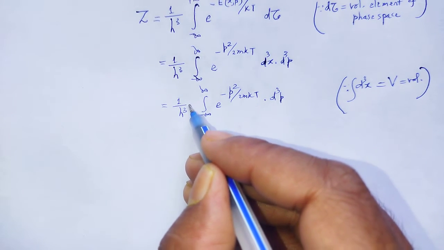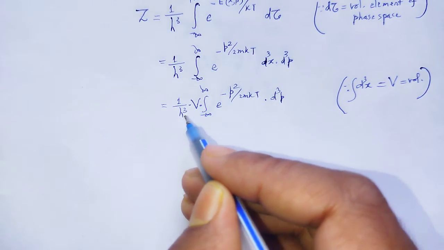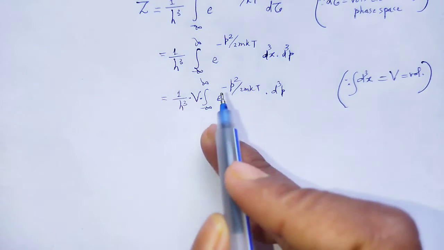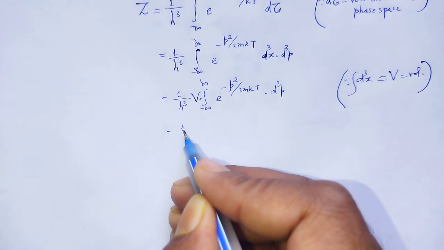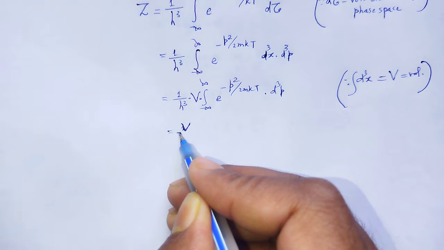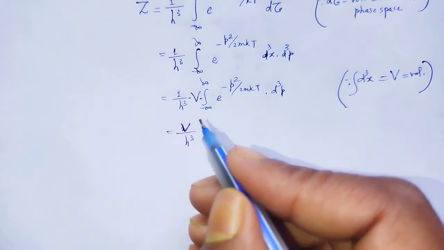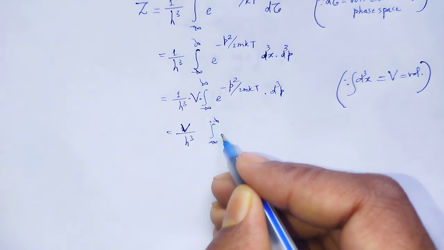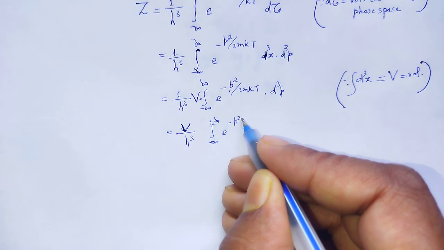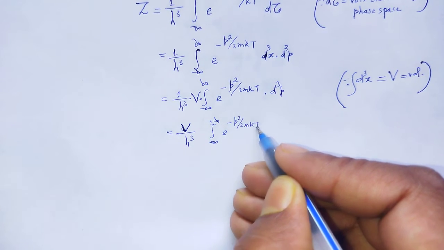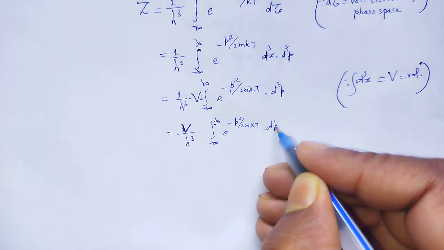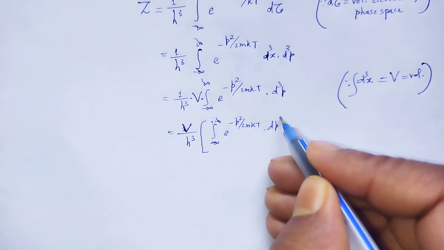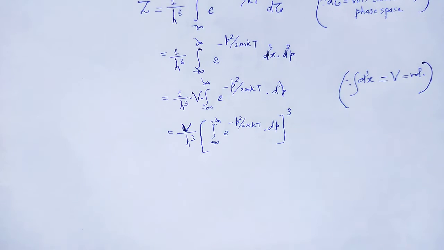So this is V into that integral. Now V divided by h cube, that integral, minus infinity to plus infinity e to the power minus p square by 2m kT into dp whole cube.